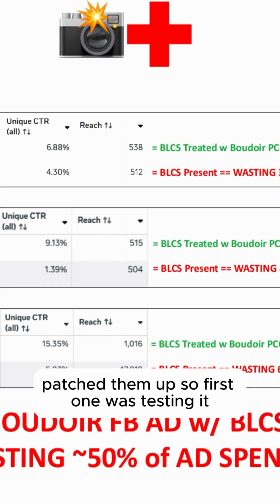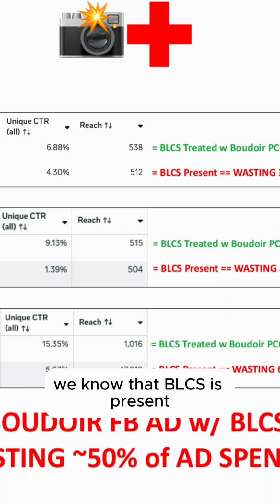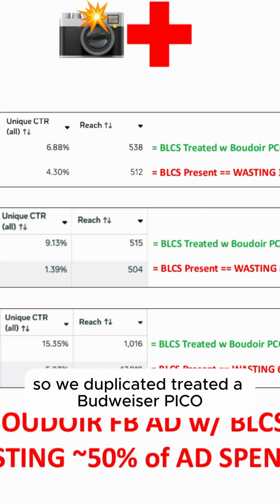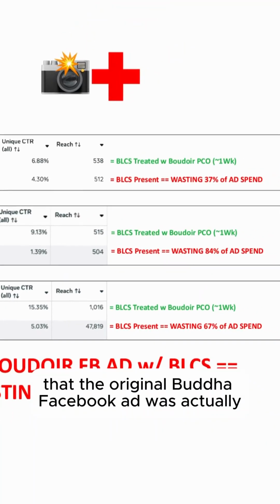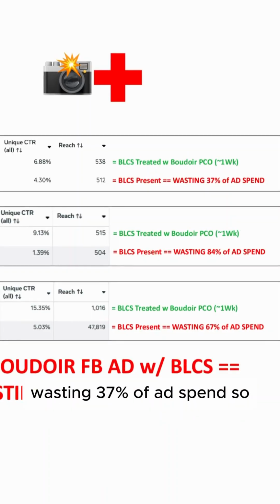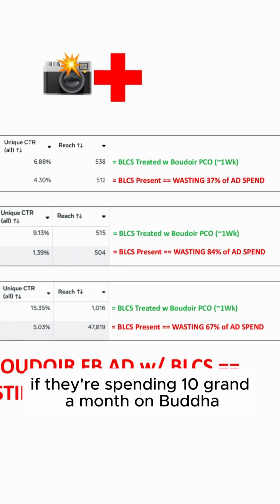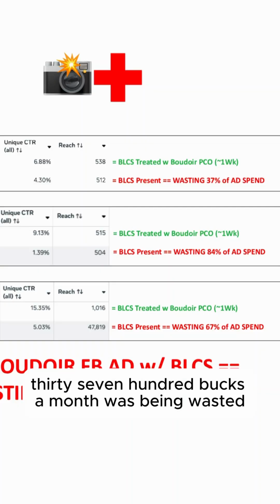The first one we tested, we found out unique CTR is 4.3%. When unique CTR is under 6%, we know that BLCS is present. So we duplicated it, treated with boudoir PICO, took about a week, and got the unique CTR up to 6.88%. So we found out the original boudoir Facebook ad was wasting 37% of ad spend. If they're spending 10 grand a month on boudoir Facebook ads, 3,700 bucks a month was being wasted.